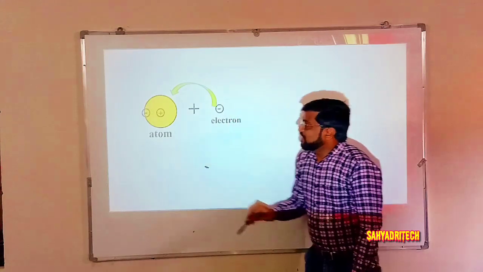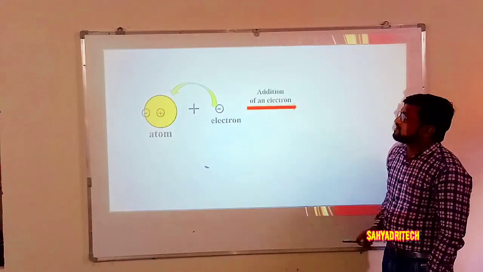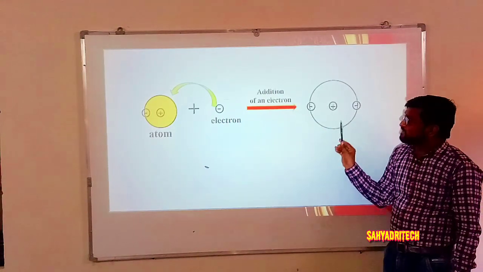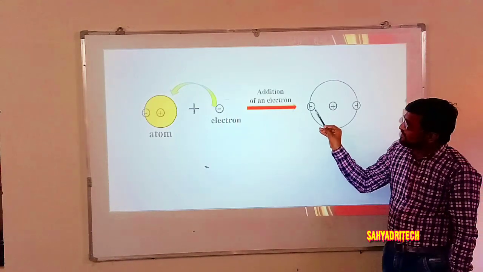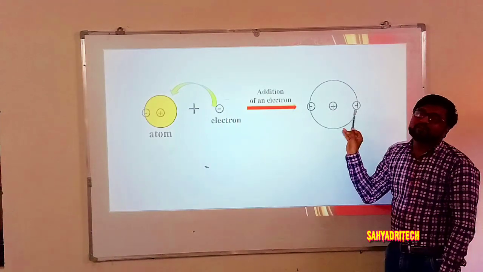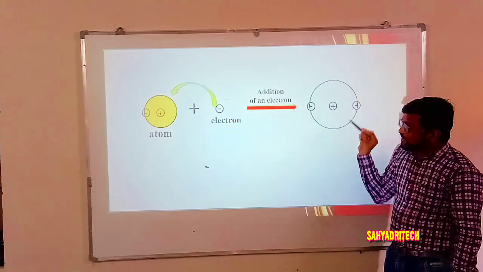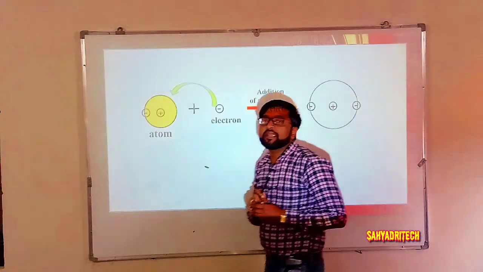When we add an electron, what change happens? Say here, addition of an electron results in an atom having, as per this diagram, one proton in the nucleus, but how many electrons? There will be two electrons present in the outermost shell, or I can say they are revolving around the nucleus. Now what changes have we made?